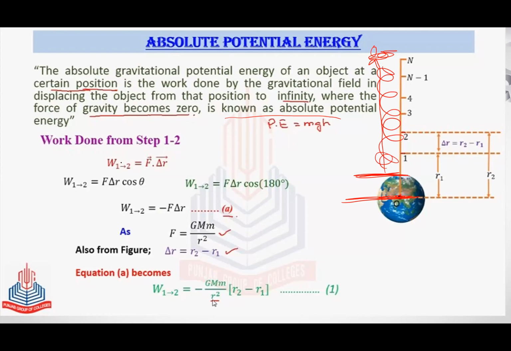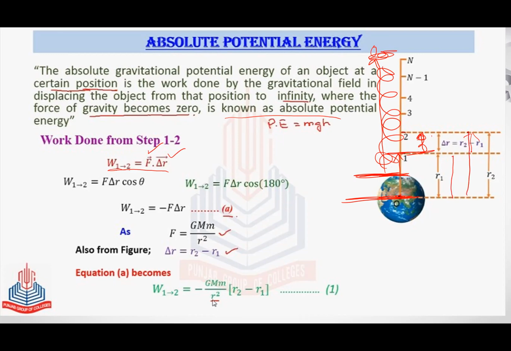Now, work from first point to second point. Taking a body from this point to this, from one line to this line, let's say we have to find work. Here the force is gravitational, so write F dot del R. This distance is R1.